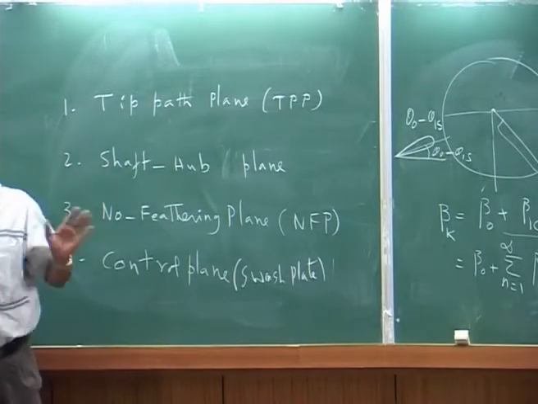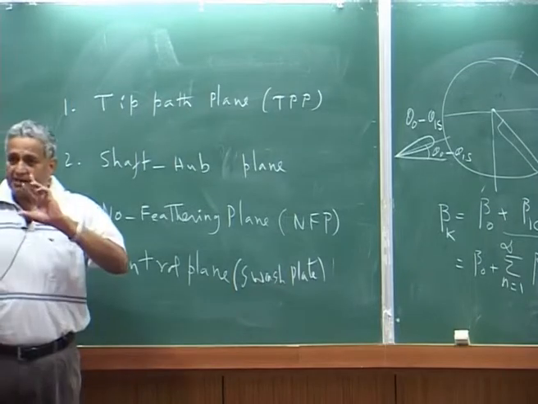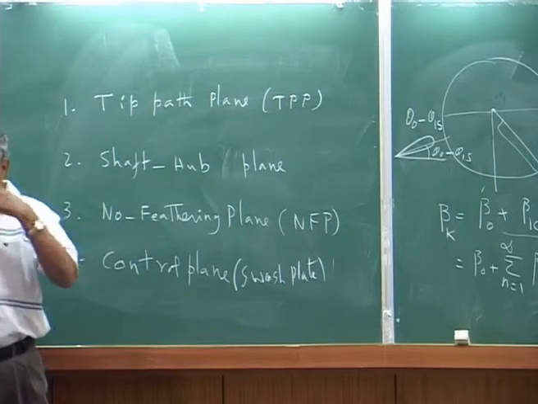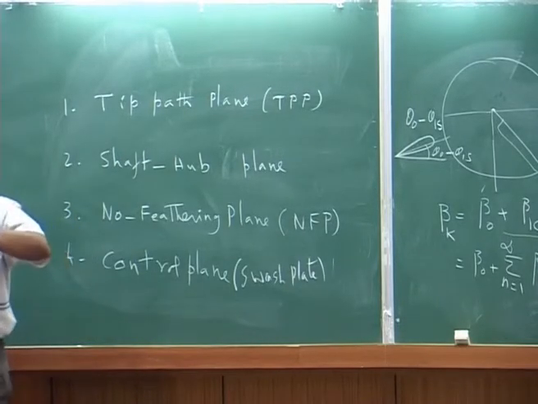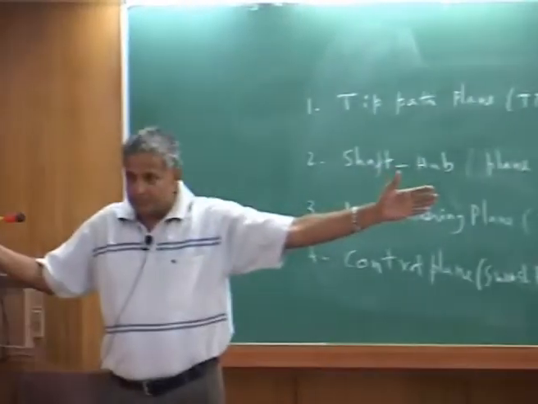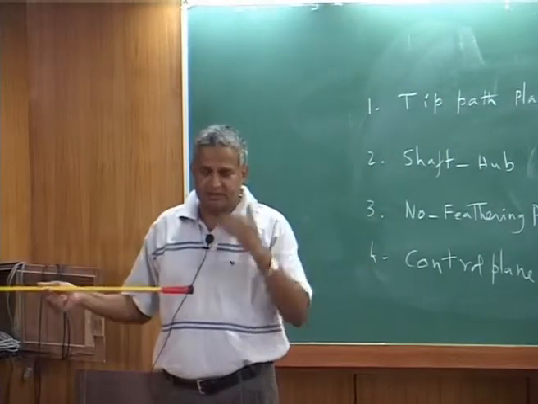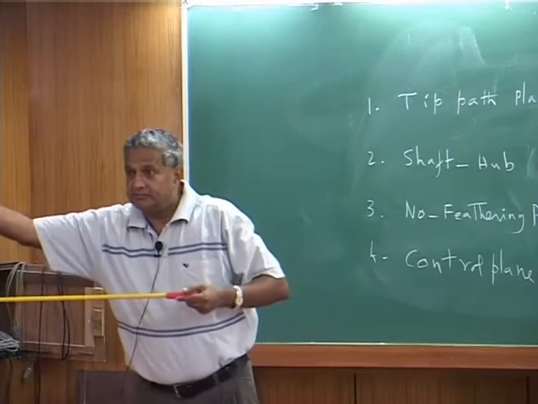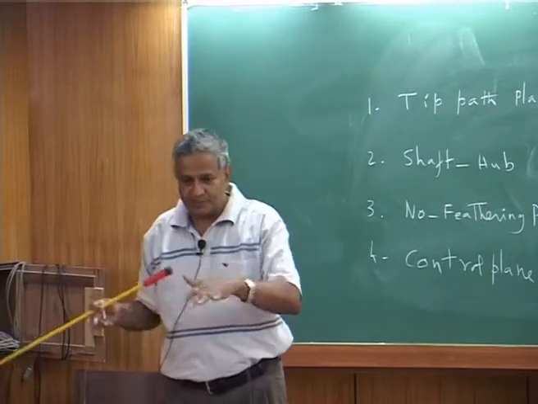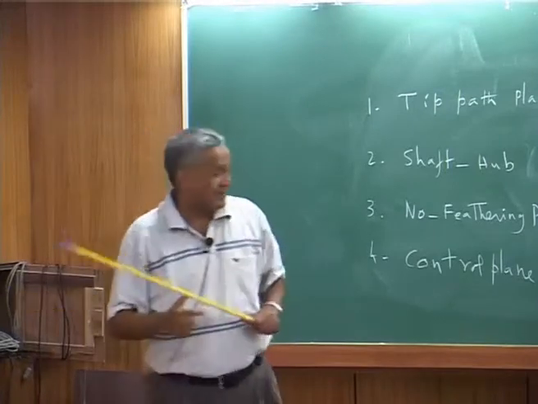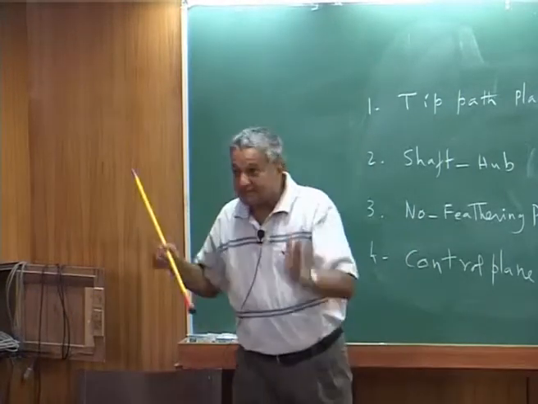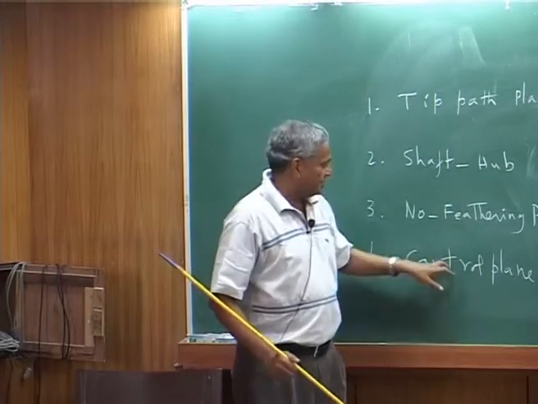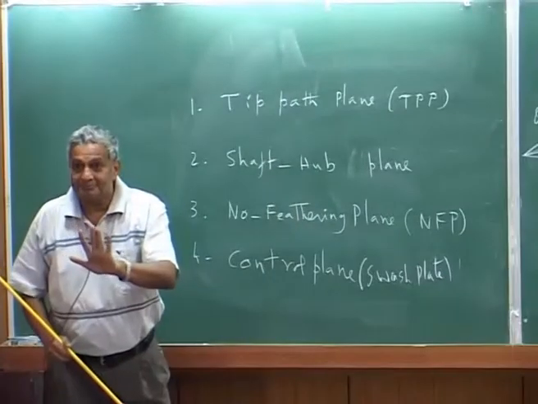Now, if you do not have any other additional mechanism to introduce pitch in the blade, because sometimes you can have some coupling which we will learn later, or you can put a trailing edge tab and that will twist the blade. Okay. Your swash plate may be here, trailing edge tab may be twisting, but if you do not have any additional mechanism to change the angle of attack of the blade, these two are same.